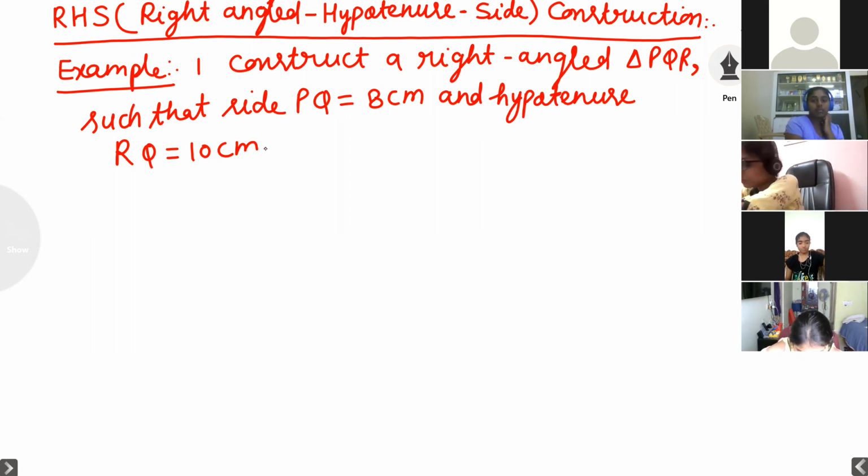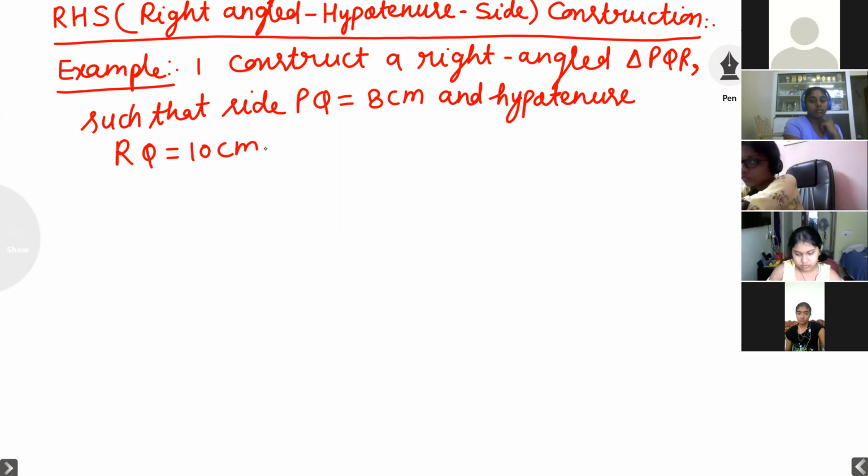Already we know very well, students, when we are going to do any construction, firstly we want to draw a rough sketch.